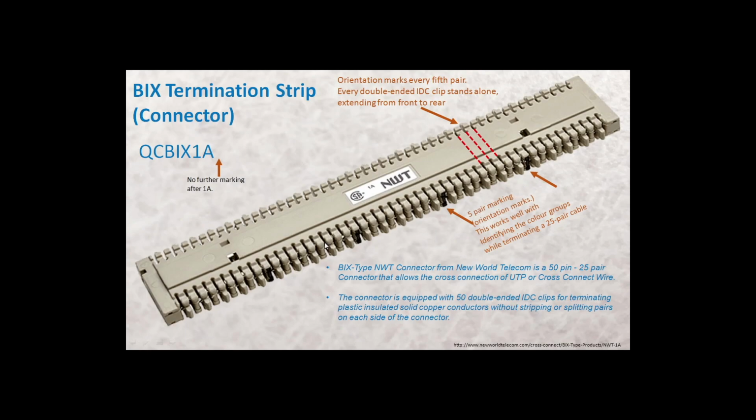That's for the purpose of this working well with terminating 25-pair cable, because 25-pair cable consists of 5 groups and they are color coded. And every group has 5 pairs.